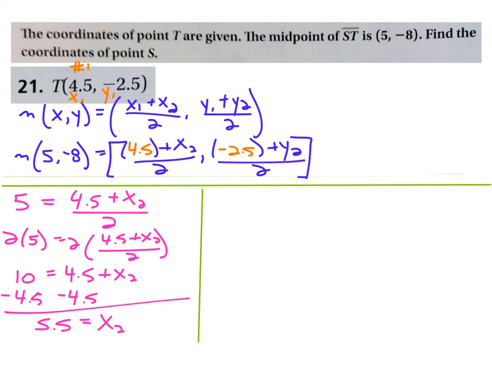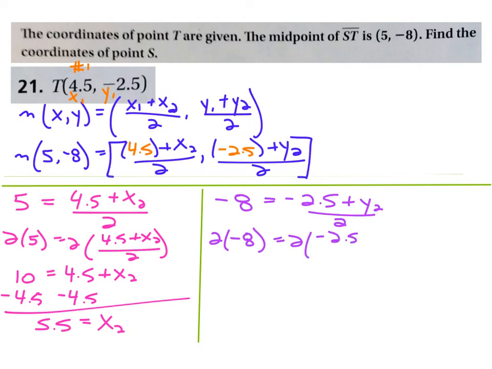Do it again for y. -8, the y coordinate of the midpoint, is equal to -2.5 plus y2, all divided by 2. So then we say 2 parentheses -8 is equal to 2 parentheses negative 2.5 plus y2 all over 2. And of course, in case I didn't make it clear, the whole point of multiplying by 2 each time is for this and this to undo each other and cancel out. Okay, so we get negative 16 equals negative 2.5 plus y2.